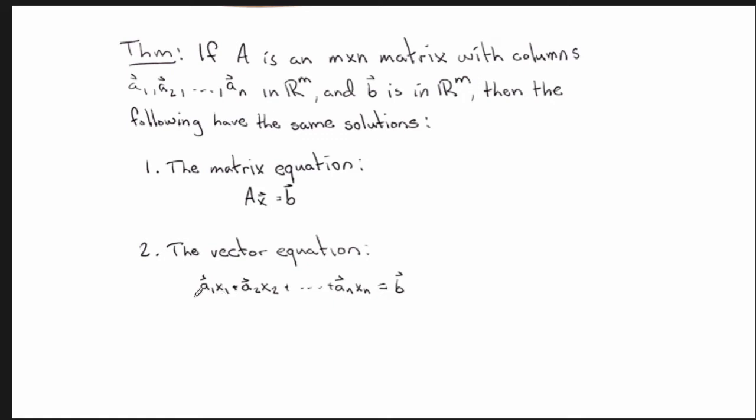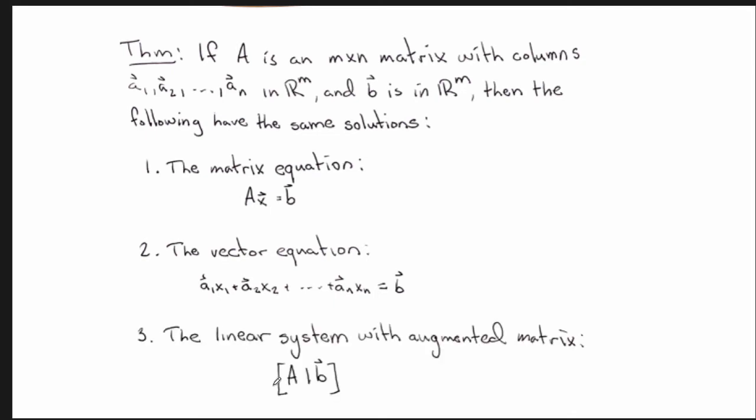We've used c1, c2, and so on before, but this time x1, x2 just for consistency. And the linear system with the augmented matrix [A b]. You can really see the similarities here.